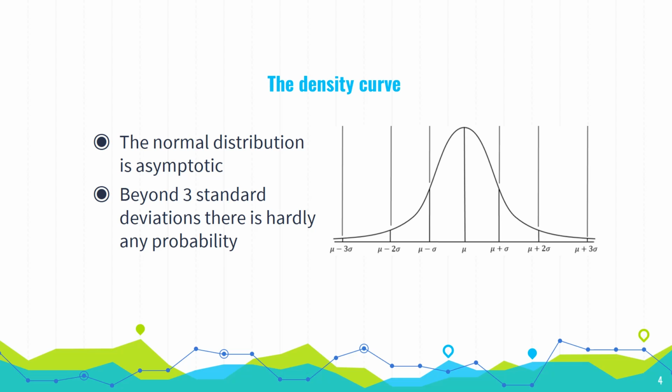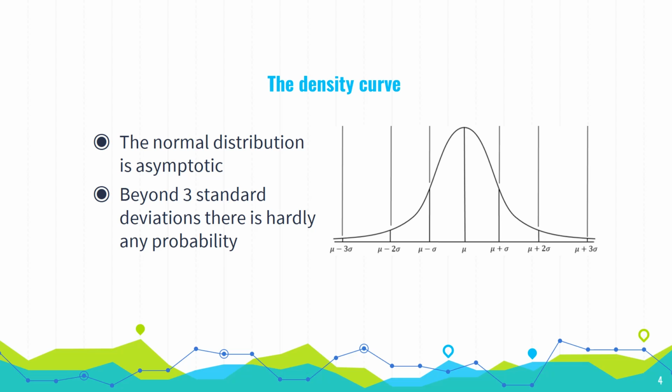This means there is actually a measurable positive probability far out in the infinite reaches, the positive and negative ends of the spectrum. As far as you would want to go, there's still a tiny bit of probability left out there. It never actually touches the axis, so it continues forever, okay?